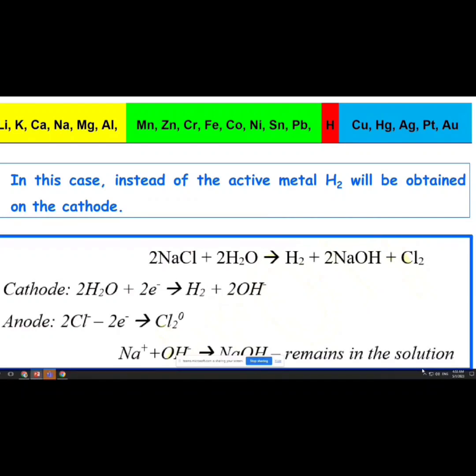But in order to become Cl2, here we need to have 2 chloride ions. If one chloride gives 1 electron, 2 of them will give 2 electrons. Like this. So we get Cl2. We write the products.